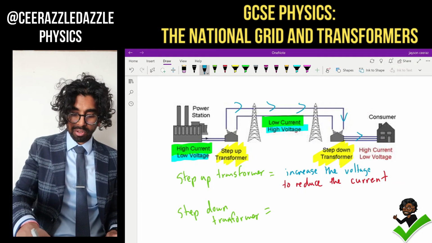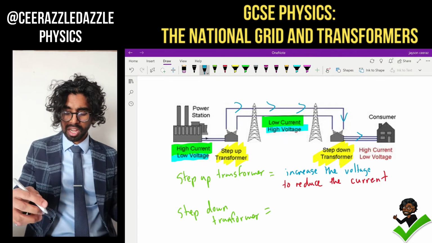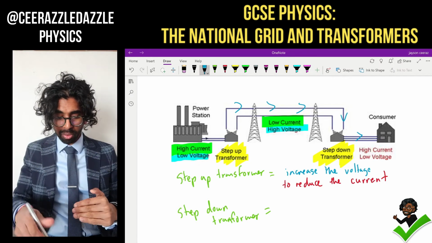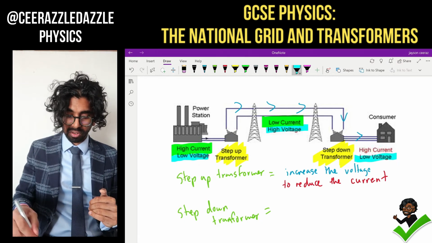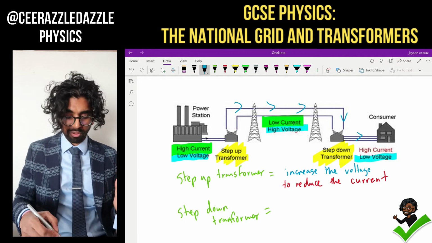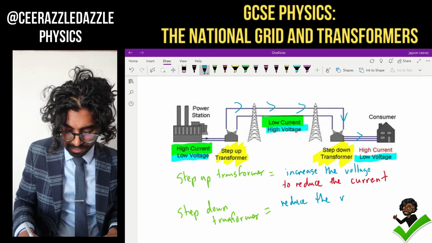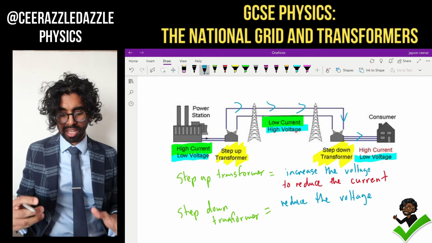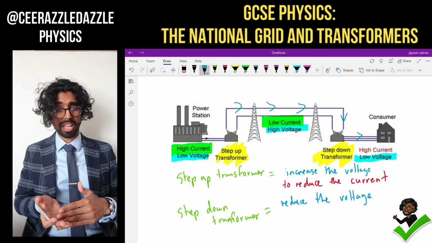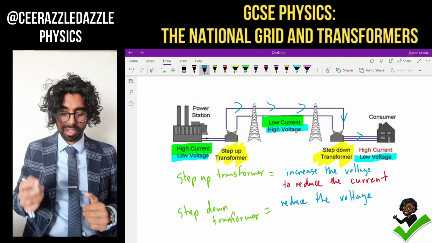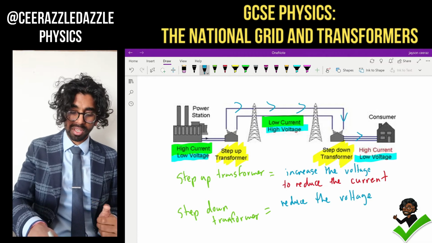So for the step-down transformer, we notice that the high voltage is going in, it's now being dropped down to a lower value here. So step-down transformer will reduce the voltage, and as it reduces the voltage, the current goes back up for all our devices to work normally.